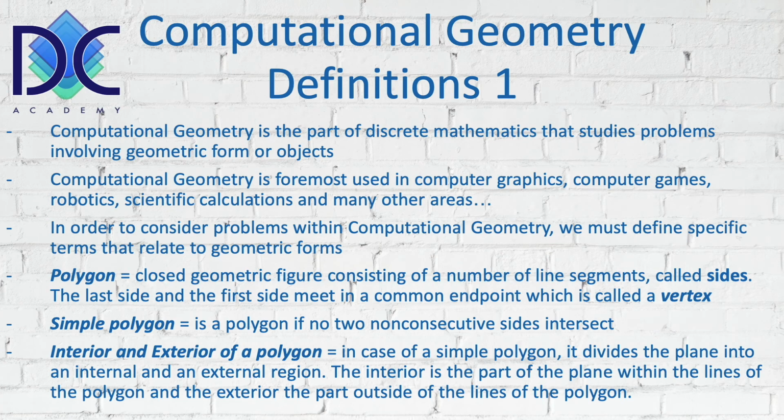Now, when we look at the interior and the exterior of a polygon, when we have a simple polygon, we have a kind of geometric figure that divides the plane in which it has been drawn in what we call an internal and an external region. The interior of the polygon is the part which is within the lines of the polygon, and the exterior is the part outside of the lines of the polygon. It will be clearer when we look at some examples of polygons.